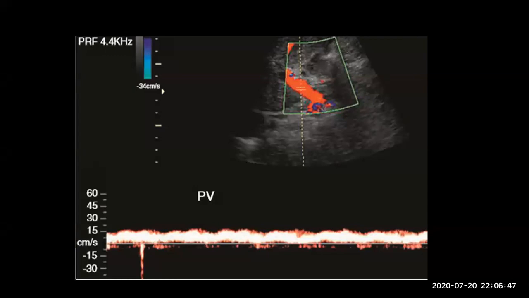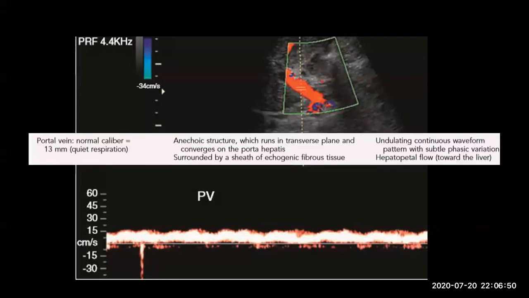And these are some facts. The normal portal vein measurement is less than 13 millimeters. As you know, this is an anechoic structure, running in a transverse plane and converging on the porta hepatis, surrounded by a sheath of echogenic fibrous tissue.